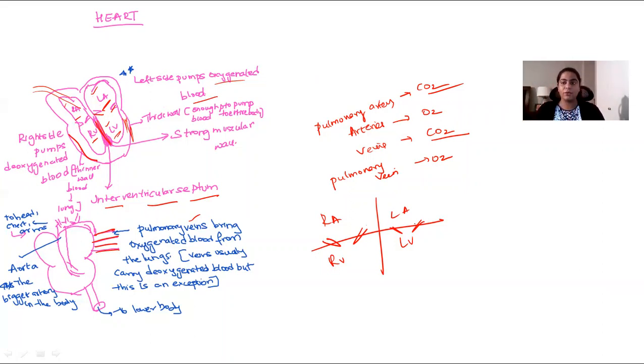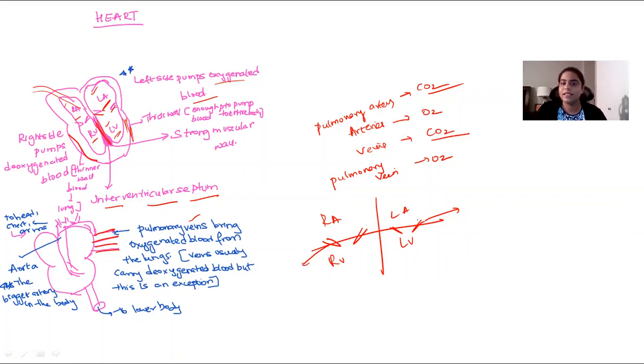Now from left atrium to left ventricle, there is a door. That door needs to open so that the blood will flow from left atrium to left ventricle. Okay, now that door is nothing but an AV valve. Okay, so this is one AV valve, and we have similarly in between the right atrium and the right ventricle.